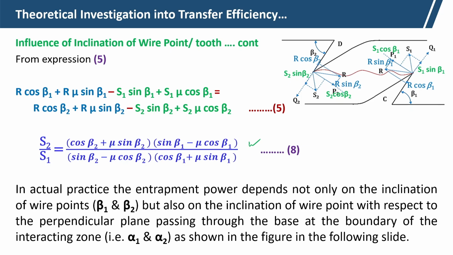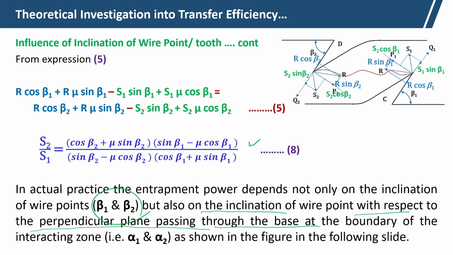So, in actual practice the entrapment power depends not only on the inclination of the wire point, beta 1, beta 2, that we have discussed, but also on the inclination of the respective perpendicular plane passing through the base.